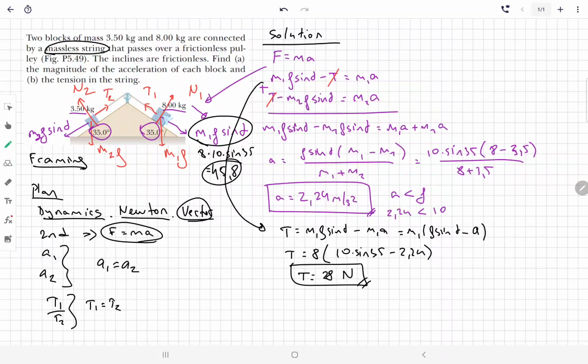We know that this object moves downward. It means m1g sine alpha should be greater than tension. In our case, tension equals 28 and m1g sine alpha equals approximately 46. So we think our solution is correct because the tension cannot be greater than 46. In that case, this object would go upward, not downward.